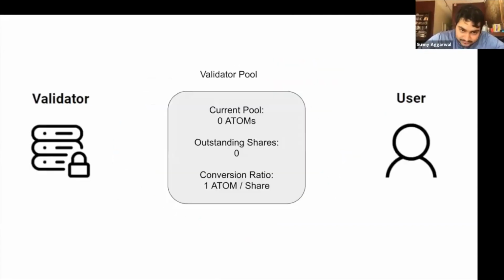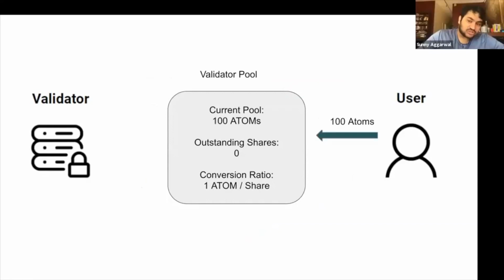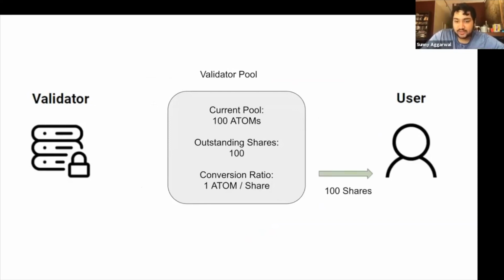Okay. So this is the delegation voucher system. Let's say a user wants to go ahead and delegate some atoms to the validator. They could delegate 100 atoms, and what you do is you get back some number of shares. Most of this accounting is actually what's already happening in the staking module of the Cosmos Hub.